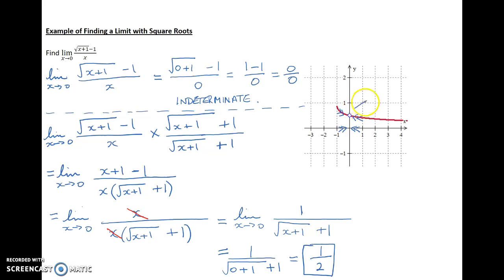So again, even though there is a hole there, and the graph doesn't have a value there, it doesn't exist there, the limit is still equal to 1/2. So the limit of f of x as x approaches 0 is equal to 1/2, the same as we showed algebraically.